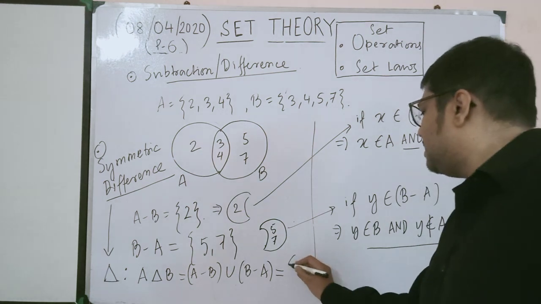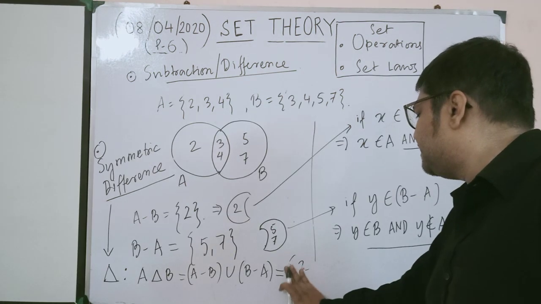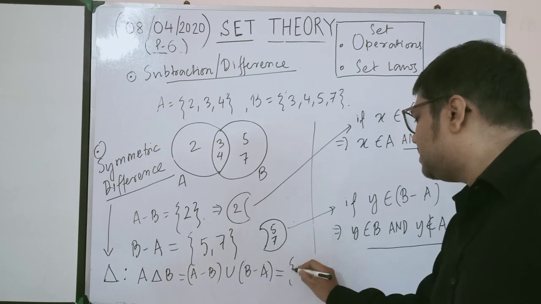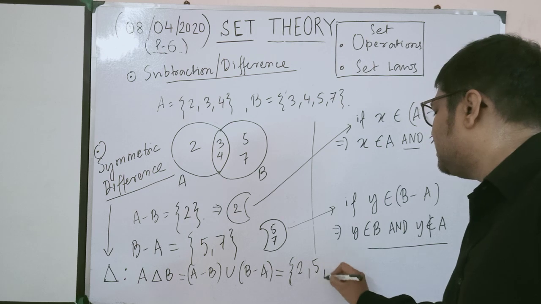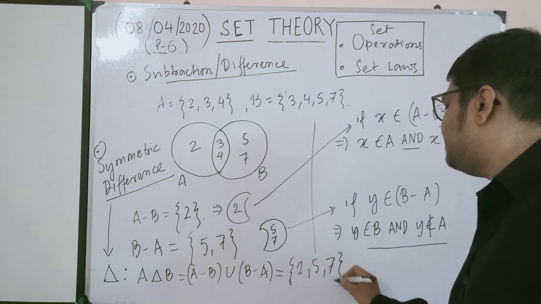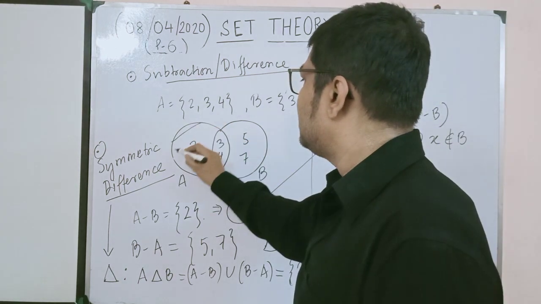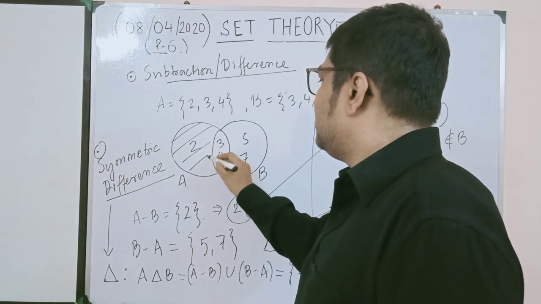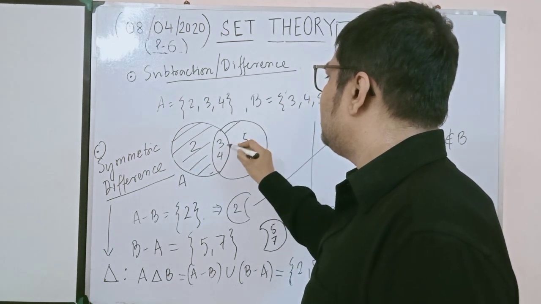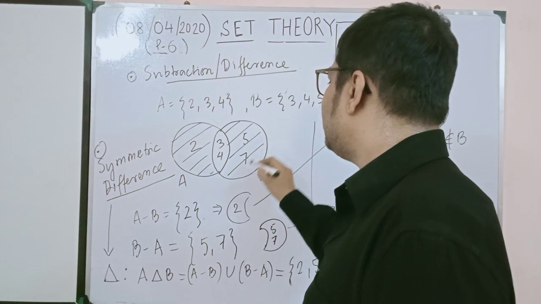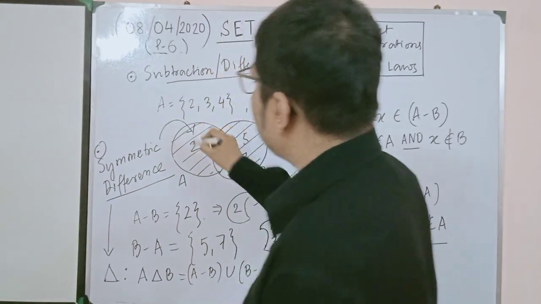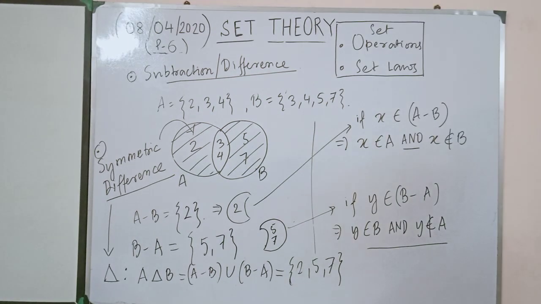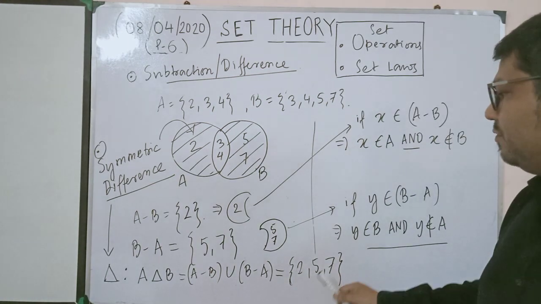That means what do you get? You get 2, and 5 and 7. So symmetric difference means you have to exclude the middle part and shade everything else. That is what we mean by symmetric difference. So that is 2, 5, 7.